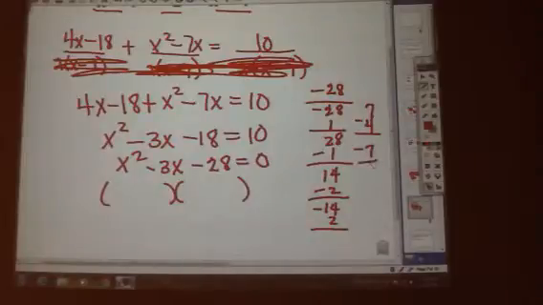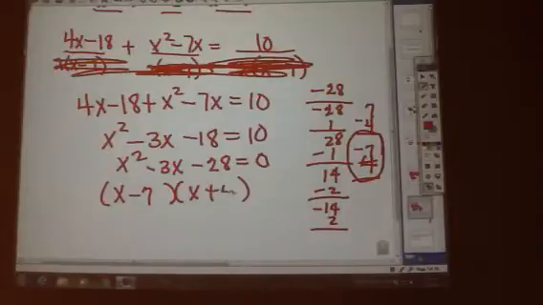Negative 7 and positive 4. That's it right there because I want it to be a negative 3. So x minus 7, x plus 4 equals 0. So what does x equal? x equals 7 and x equals negative 4.